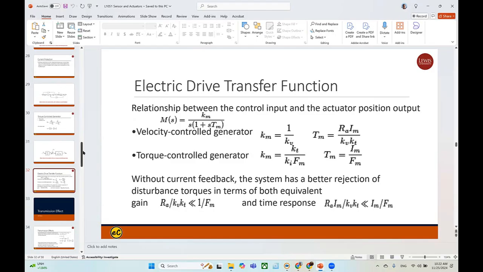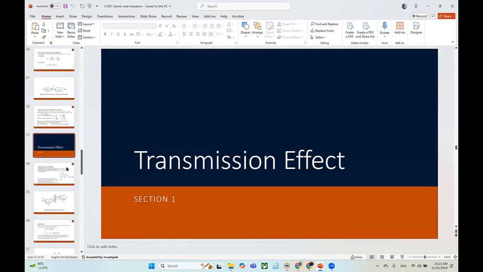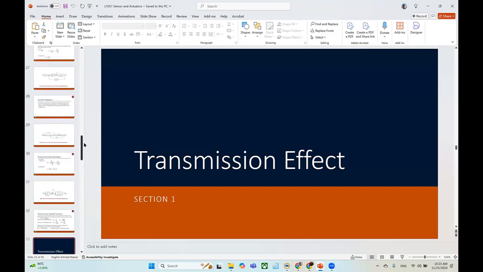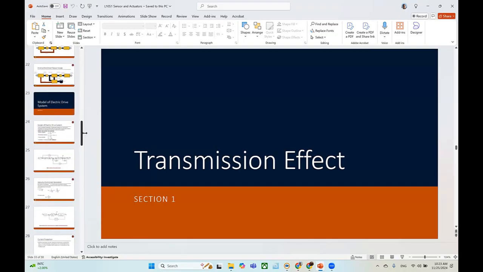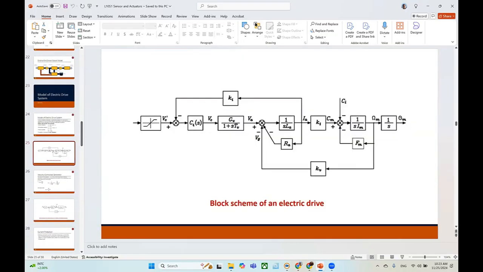Each electrical drive will have a transfer function. The transfer function means that here you have a K, your control variable versus the signal from the processor.